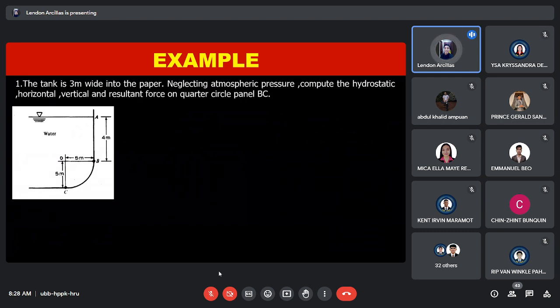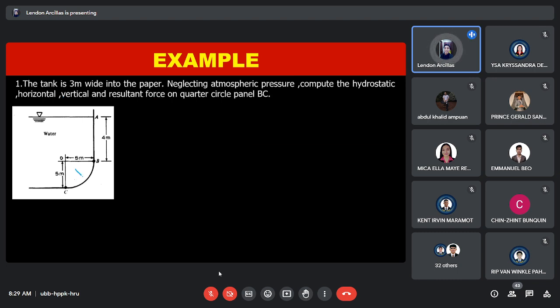Okay, so the tank is 3 meters wide into the paper. If you're seeing my screen, you need to project 3 meters wide. Okay? So, 3 meters wide. Neglecting atmospheric pressure, compute the hydrostatic force on the horizontal, vertical, and the resultant force.